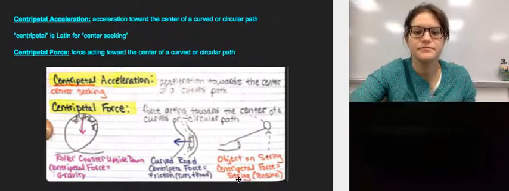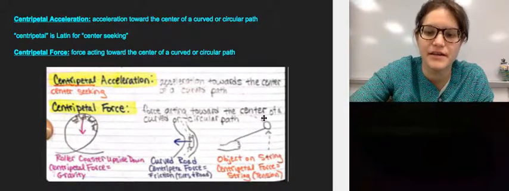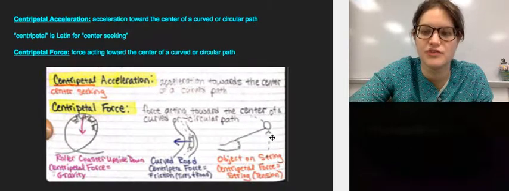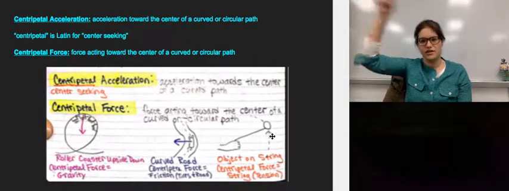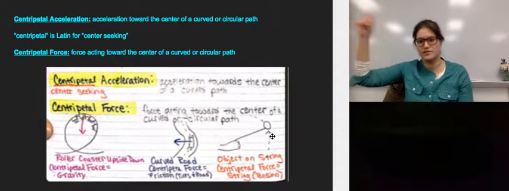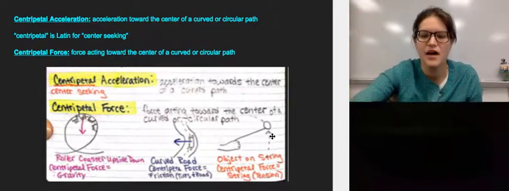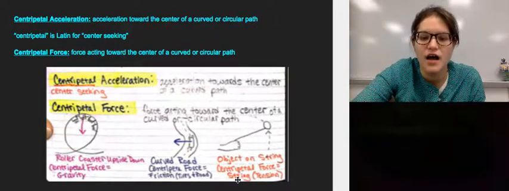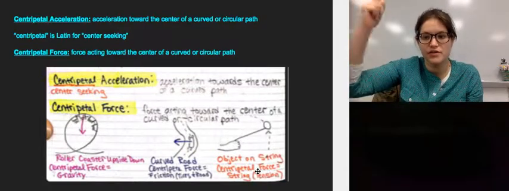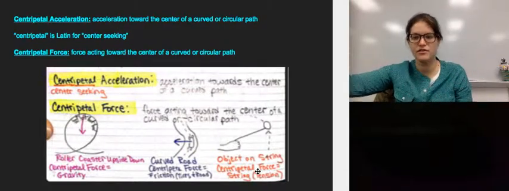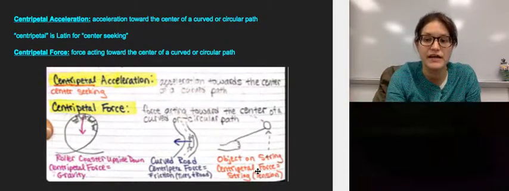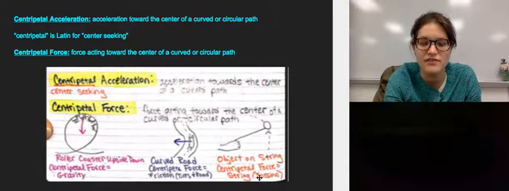The last example is an object on a string. If you swing something on a string above your head, like a lasso or a yo-yo, what's pulling it towards the center of that circle is the string itself. So the tension in that string is the centripetal force.